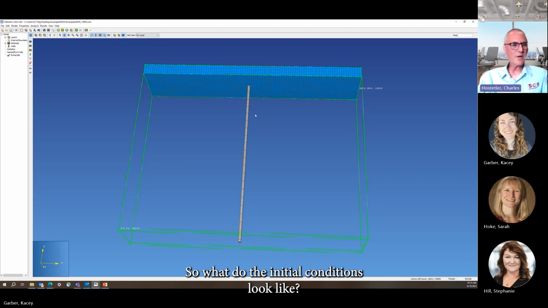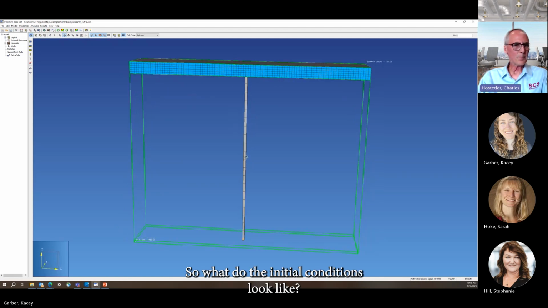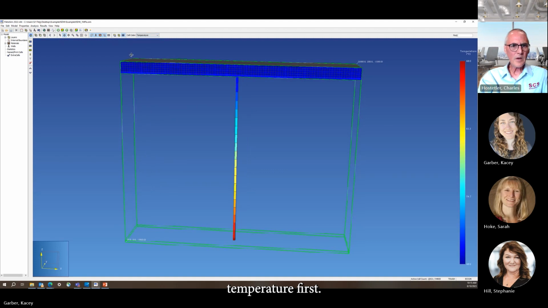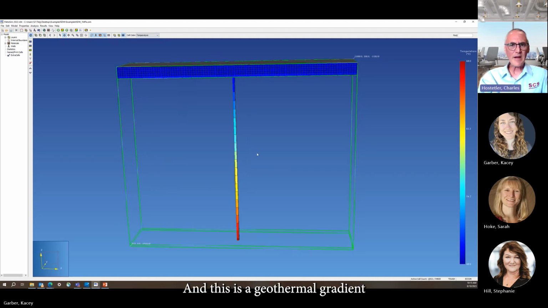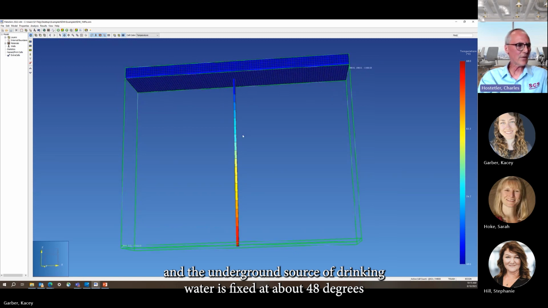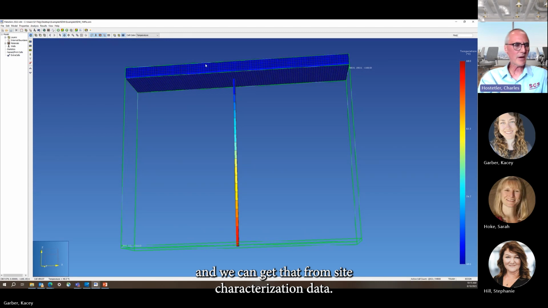So what do the initial conditions look like? We will look at the temperature first. And this is a geothermal gradient, and the underground source of drinking water is fixed at about 48 degrees C, and we can get that from site characterization data.